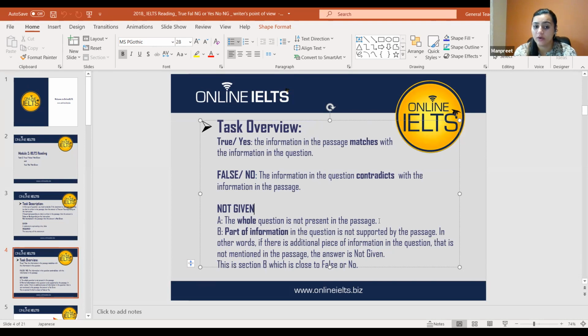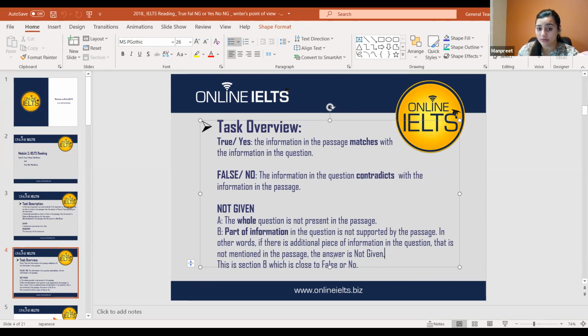So when the information is missing from the passage, the answer would be not given. Even if it might look like false, you might feel it's false, it would be not given.